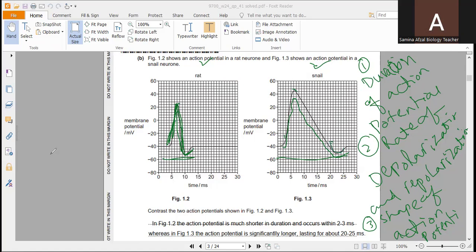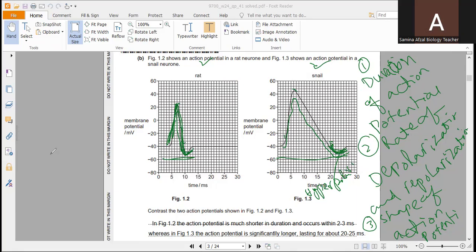So this place is called hyperpolarization. What is happening at this point, you can see the duration is very short, and in this way they both differ: it is a very sharp tip, and you can see a wider tip.